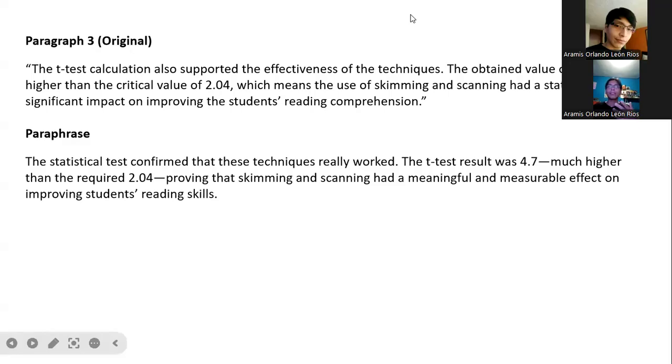The paraphrase that I made was: The statistical test confirmed that these techniques really work. The t-test result was 4.7, much higher than the required 2.4, proving that skimming and scanning had a meaningful and measurable effect on improving students' reading skills.